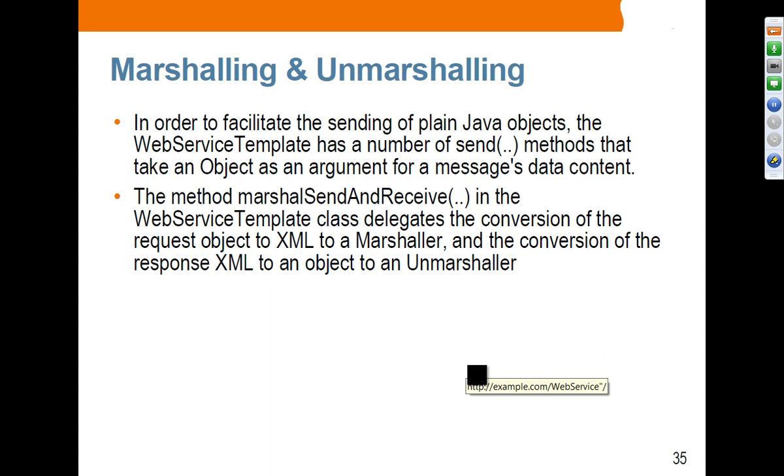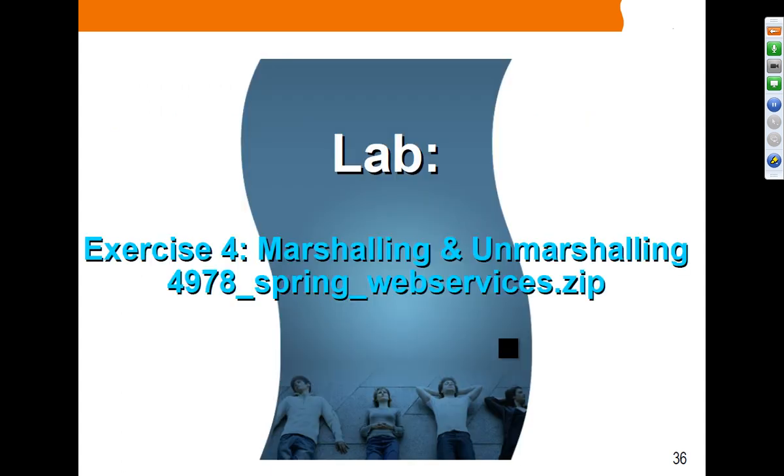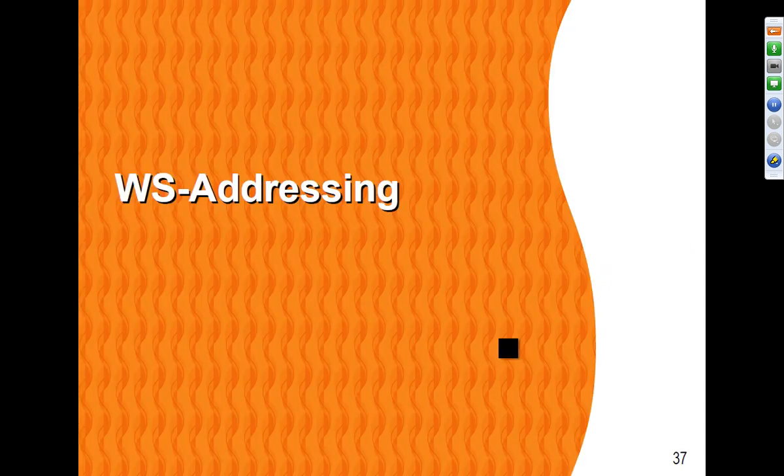When you're sending, it will marshal the Java object to XML. When you receive a response, it will unmarshal the XML into a Java object. You use the marshalSendAndReceive method to do the marshalling and unmarshalling, and of course, the marshaller and unmarshaller need to be configured. So exercise 4 is marshalling and unmarshalling.